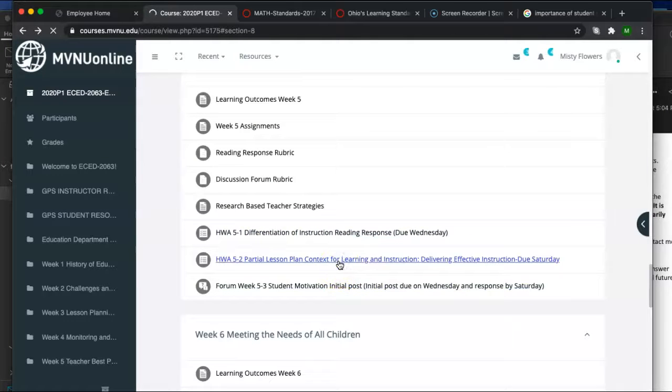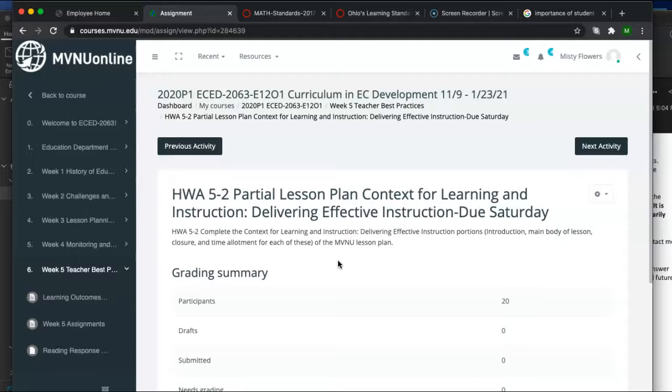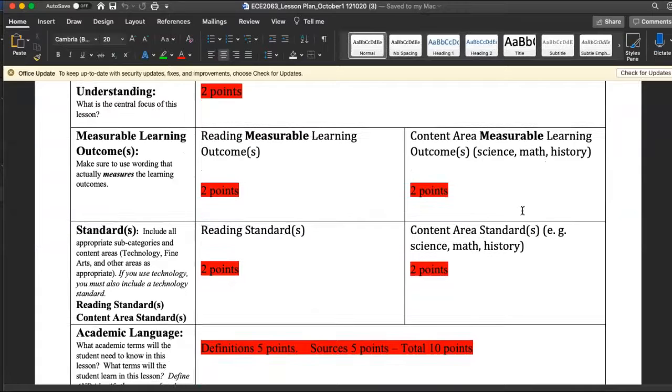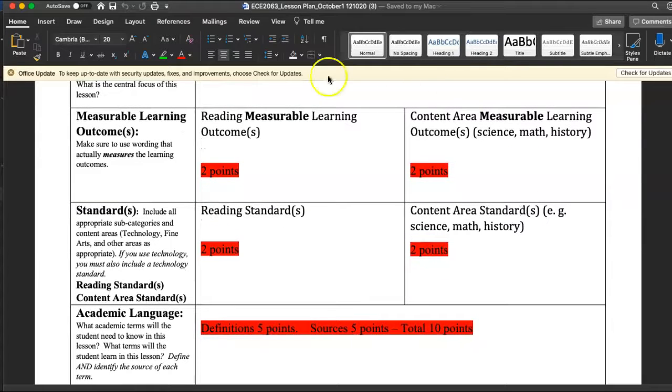Now this week, we're going to look at the context for learning and the instruction portions of your lesson plan. I hope you're seeing how the lesson plan fits together like a puzzle. Everything relates back to your measurable learning outcomes and these standards.